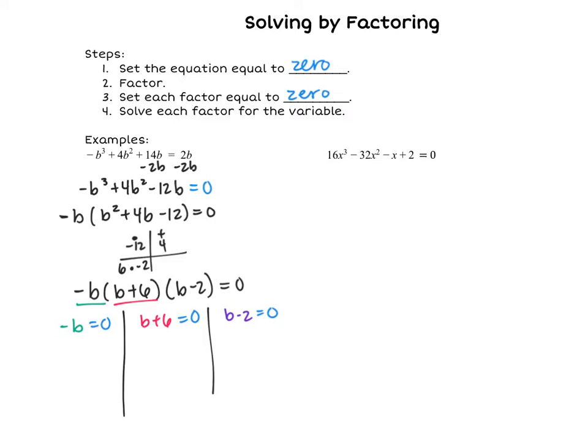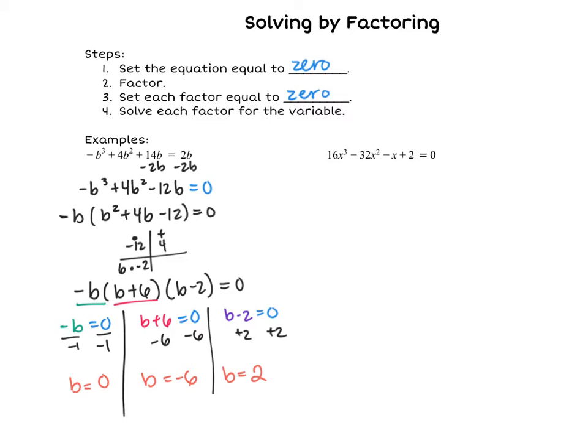Now, when we solve for each of these variables, we get 3 solutions. Notice we have 3 solutions, and our initial highest exponent, or degree of the function, was 3, and that highest exponent should tell you how many solutions you should have, and that's how you know you didn't miss anything.